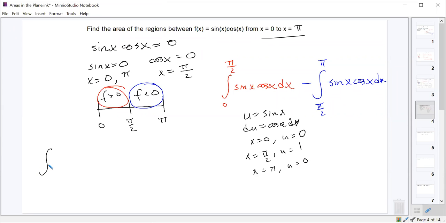We end up with an integral from 0 to 1 of u du, minus the integral from 1 to 0 of u du. I should probably write the function there, u, right? And what can I do with something where the lower limit is larger than the upper limit? I could flip those and change the sign.